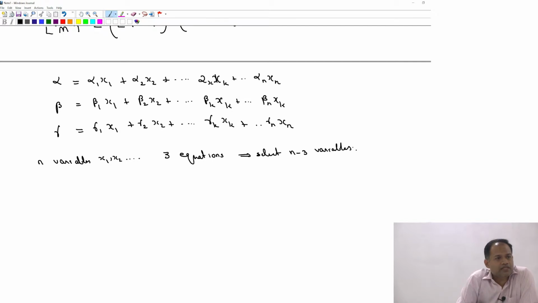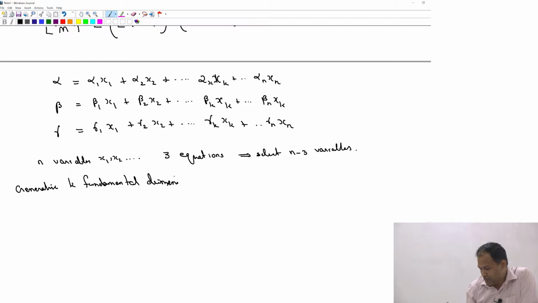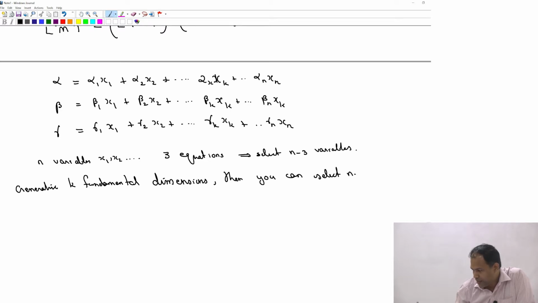This is because I selected 3 fundamental dimensions, or if you generalize, if you have k fundamental dimensions, then you can select n minus k variables which will fix, let's say, k other variables.